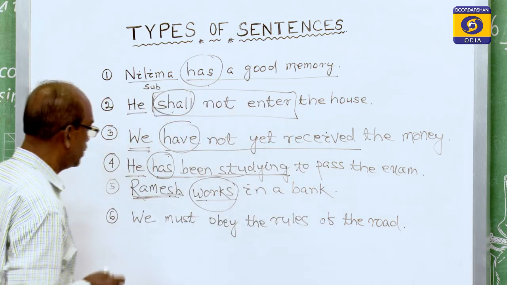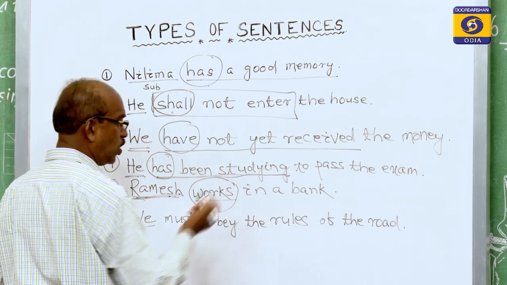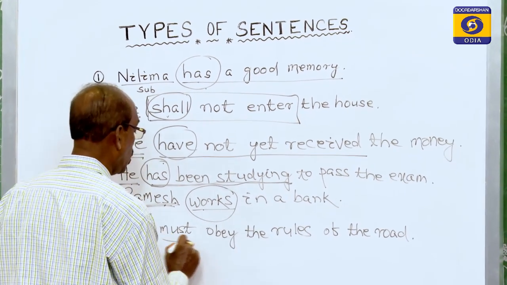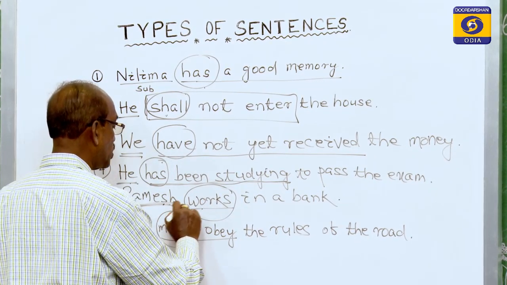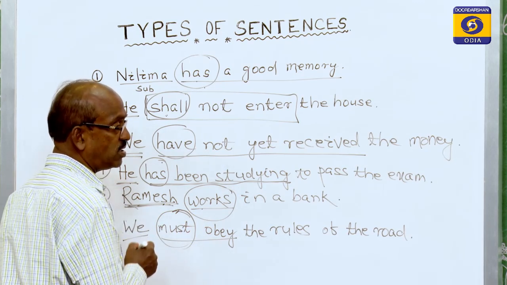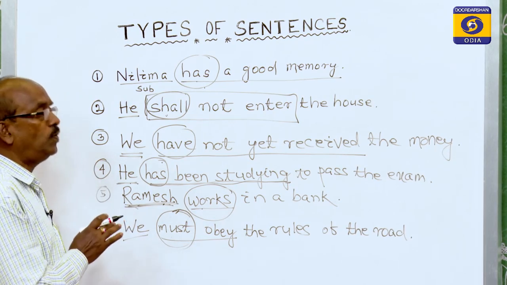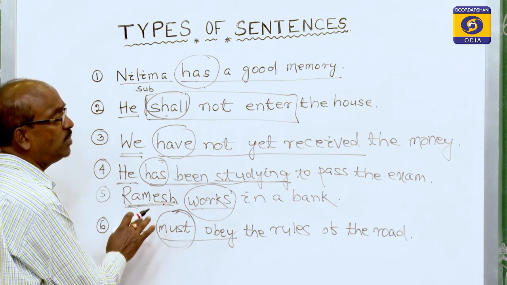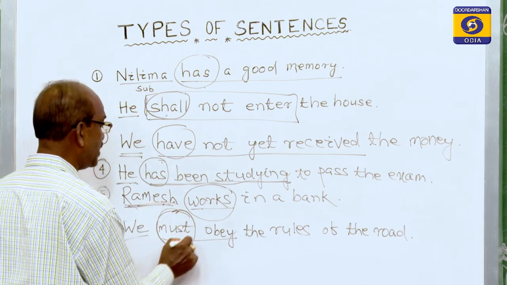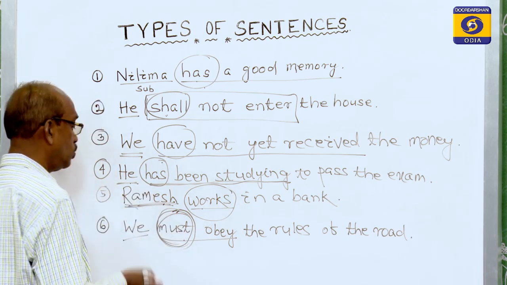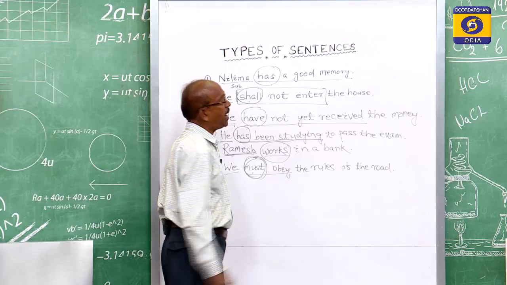You see here, we is the subject, must obey the rules of the road is the predicate, must obey is the verb, and must tells us about the tense of the sentence. It is in present tense. Just as I have already told you, must has present form, it has no past tense form. This is a modal auxiliary. So this tells us about the tense of the sentence. So this is the finite verb.